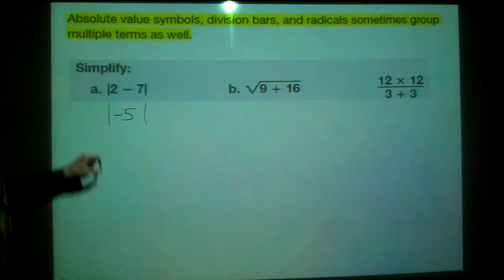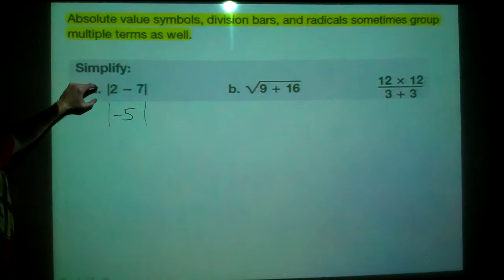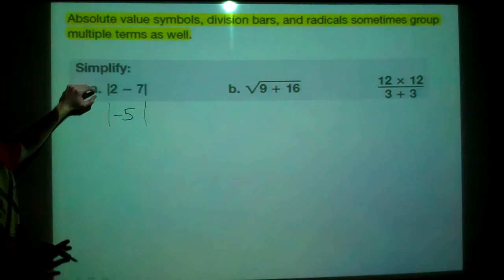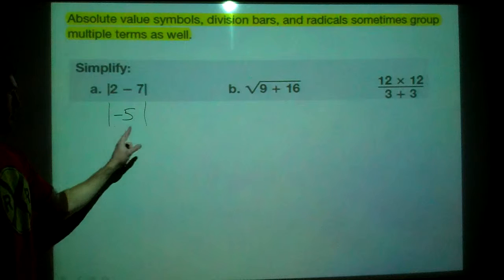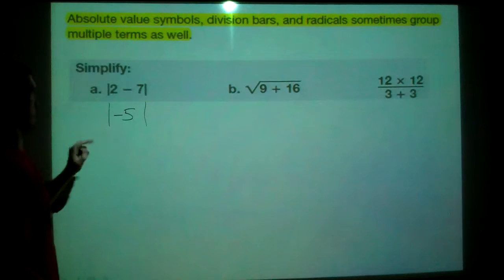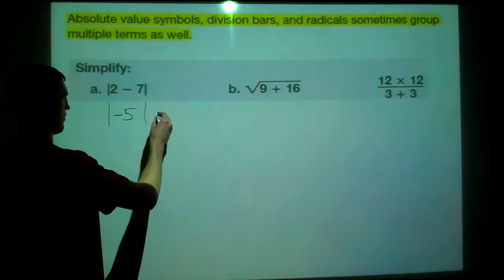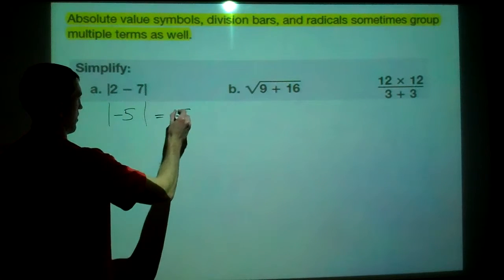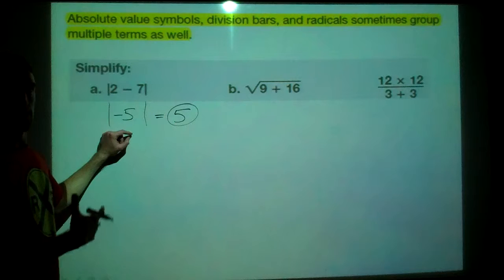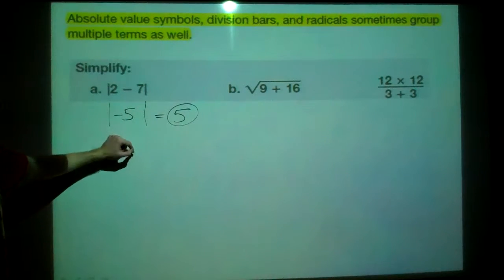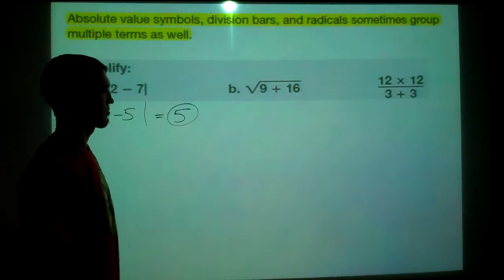And we have to remember, as a review, absolute values mean your distance from 0 on the number line, so anything in here always comes out positive. So the absolute value of negative 5 is 5, because negative 5 is 5 units away from 0 on the number line.